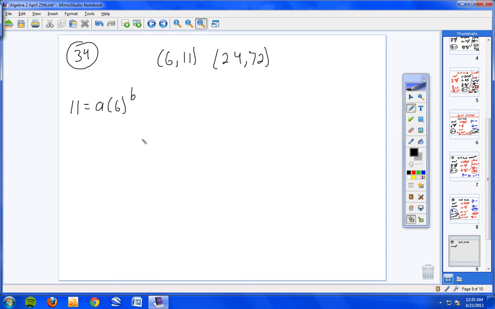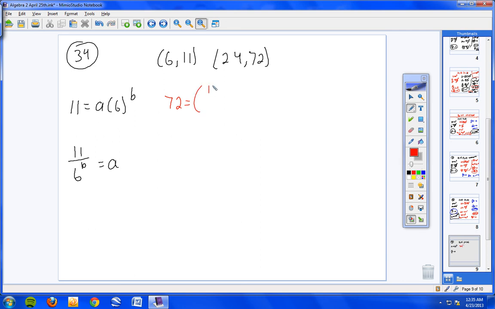So we want to get a by itself, so we divide both sides by 6 to the b power, so 11 over 6 to the b power equals a. And now we substitute this ordered pair in, so 72 goes in for y. And this right here would go in for a.